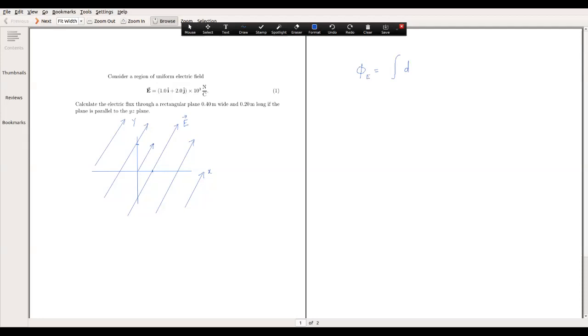Two integrals is represented by an area vector. Area is always a vector and dotted with the electric field. But it's a uniform electric field, so it doesn't matter where you are in this integration domain. The electric field is a constant.